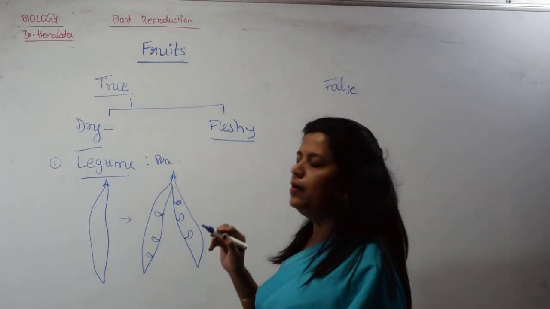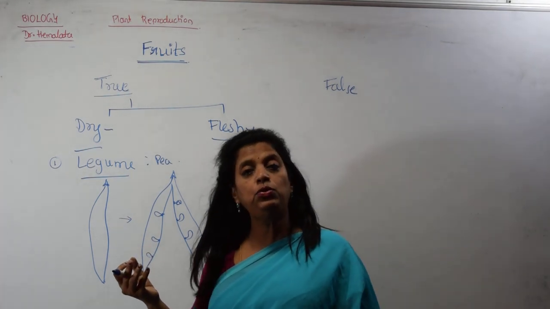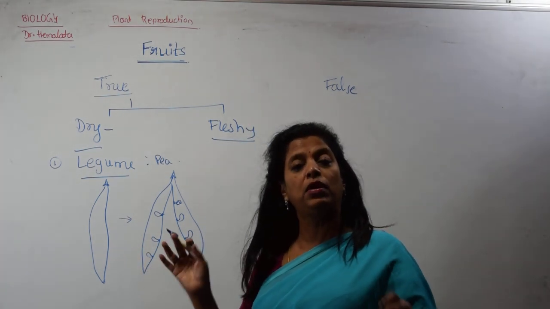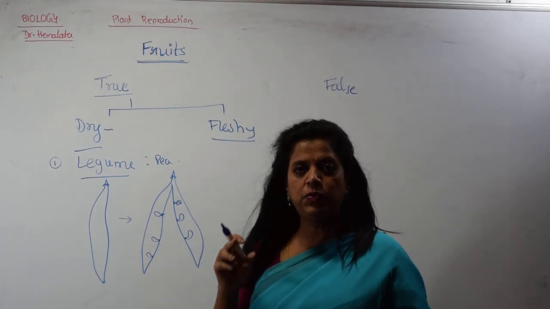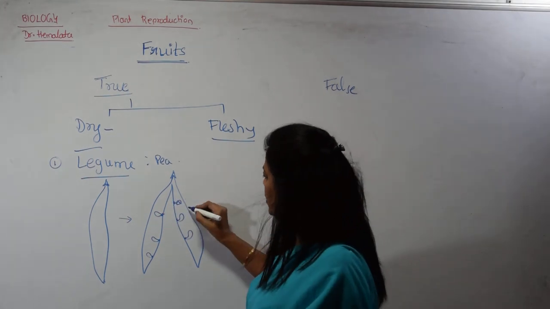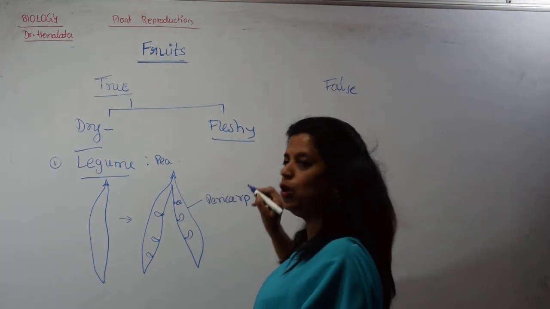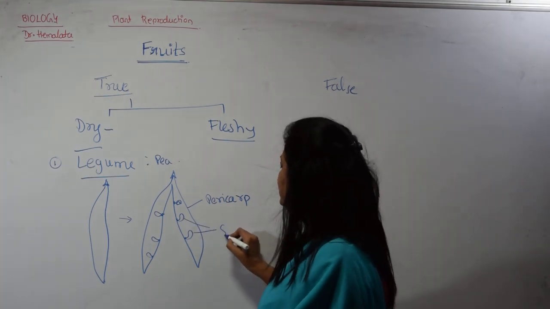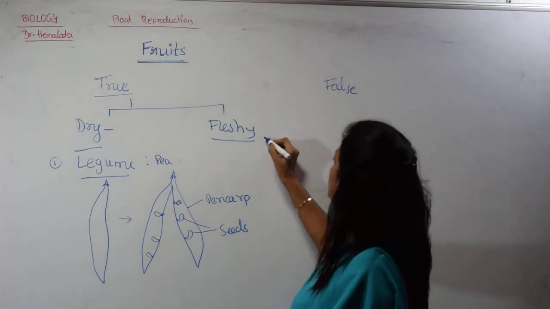So what is dry referring to? Not what you eat as dry fruit. My students will say dry fruits are nothing but grapes and all are dry. No. Dry fruits are those fruits whose pericarp, the fruit wall, is dry and not edible, and these are the seeds. Okay, seeds are edible.